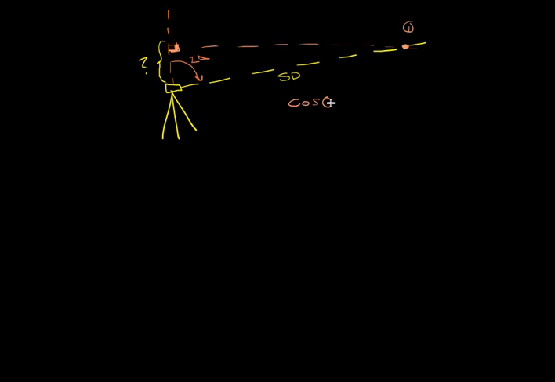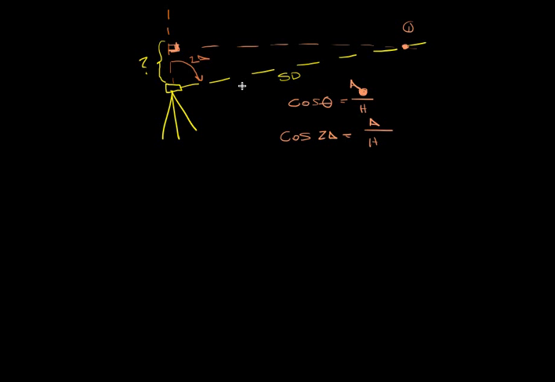Cosine of the zenith angle is equal to adjacent over hypotenuse.